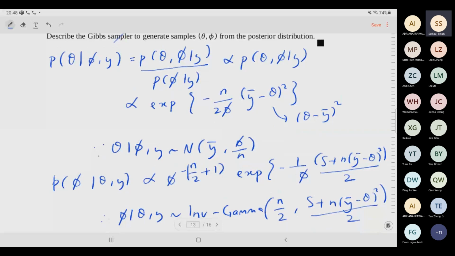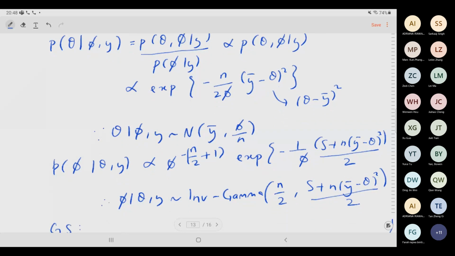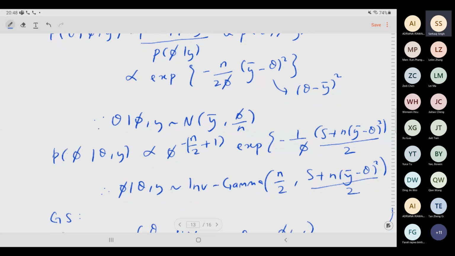If you have P parameters, you can use a mixture of different MH methods, not only one. This one you use MH, this one you use Gibbs sampler, so you can actually use a mixture.